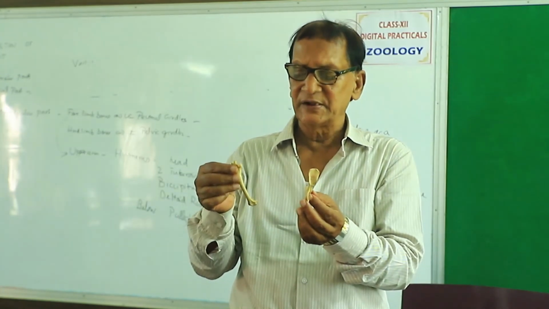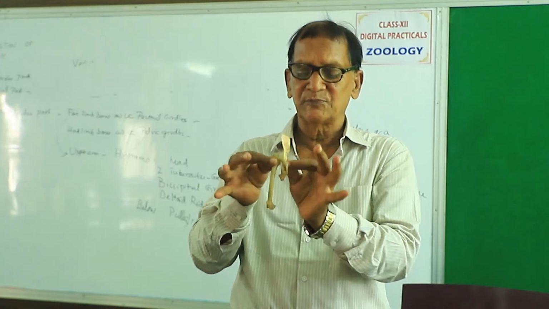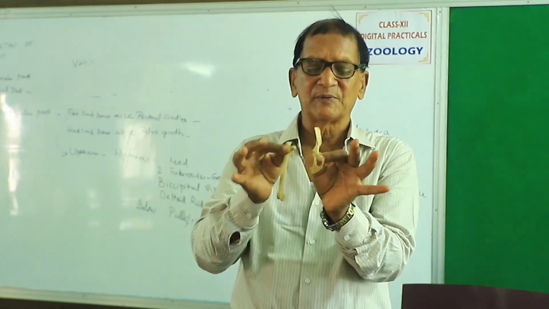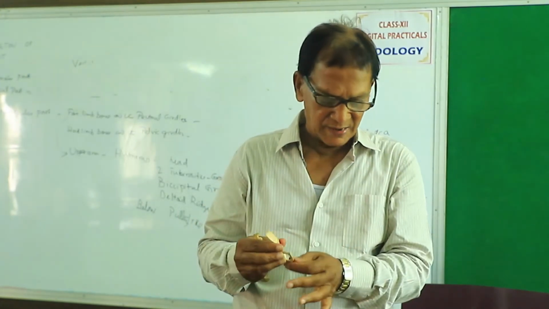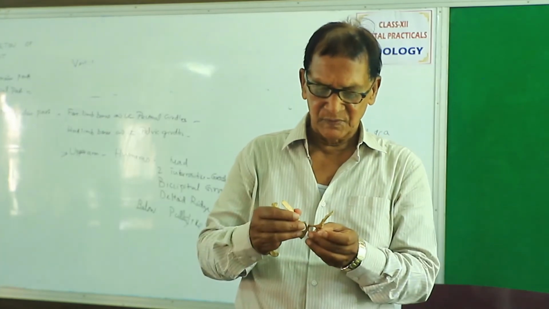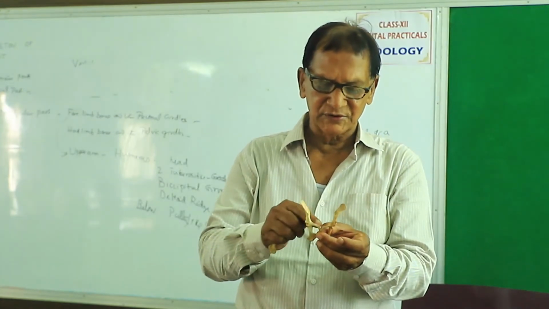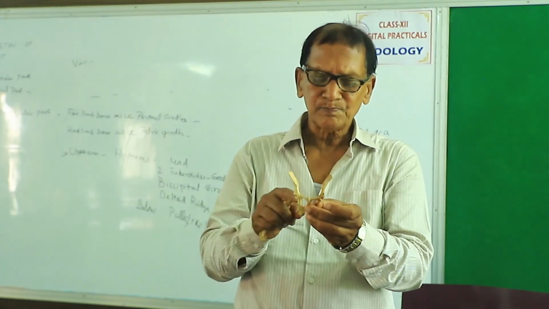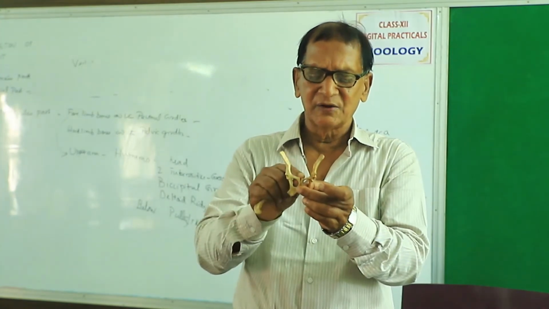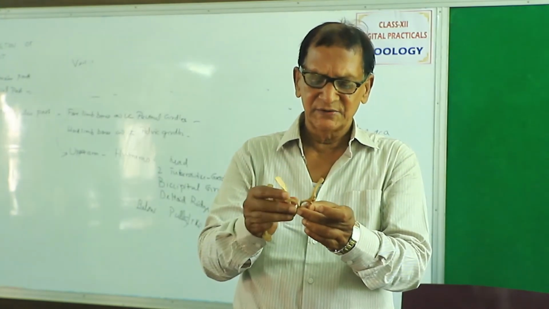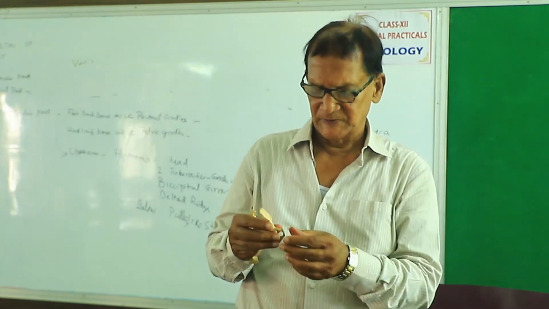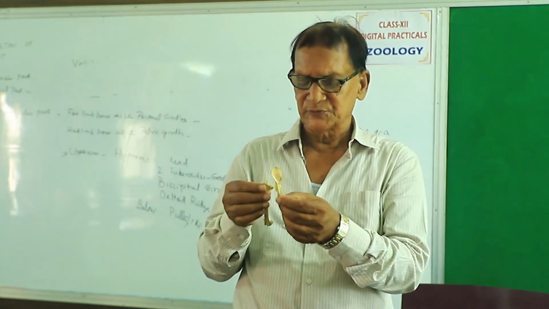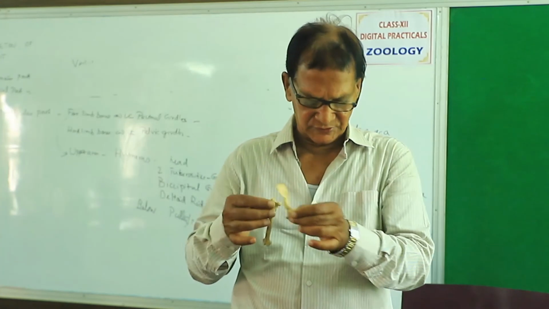The head of the femur is attached to the acetabulum of each half of the pelvic girdle. The two halves of the pelvic girdle are united along a common region that is called the pubic symphysis. Symphysis means a union. So the two halves are united along the middle line, and this is the acetabulum cavity, in which the head of the femur is articulated.